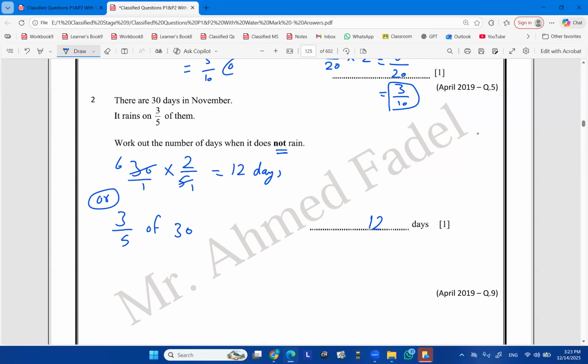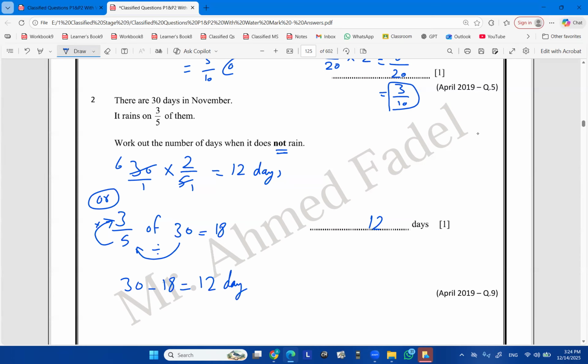And then they say 30 divided by 5 is 6, 6 times 3 is 18. This is the number of days it rains, but there are 30 days, so 30 minus 18 will give me 12, which doesn't rain for 12 days.